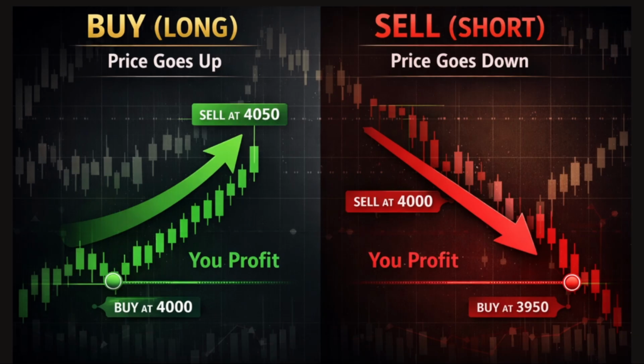So this is one of the powerful things about trading. You don't only make money when the market goes up, you can also make money when the market goes down, as long as you correctly predict the direction of the price movement. In futures trading, traders are constantly analyzing the market to decide whether they believe the price will rise or fall, and then entering trades based on that analysis.